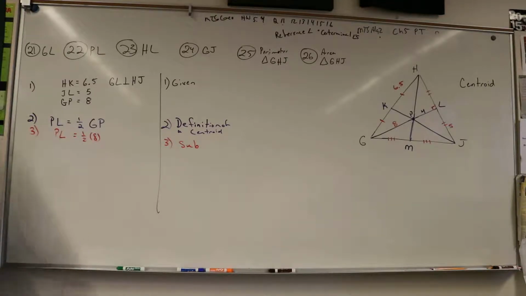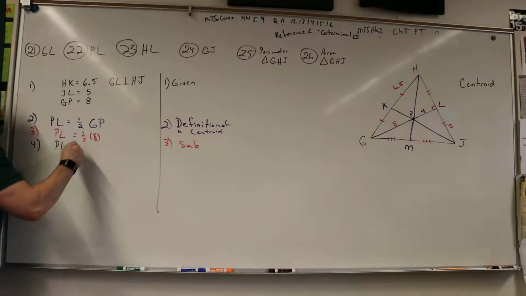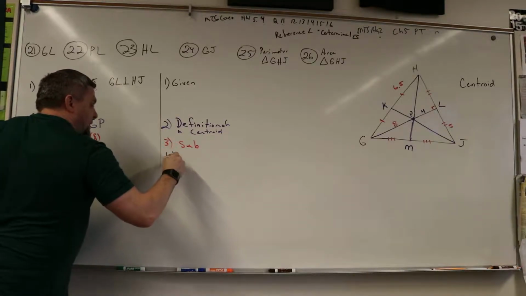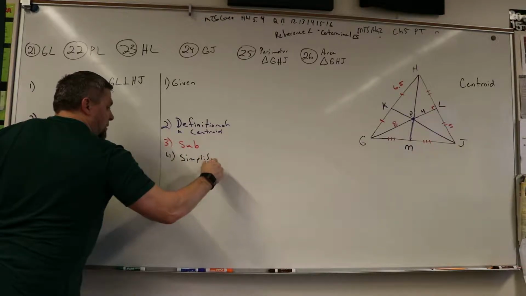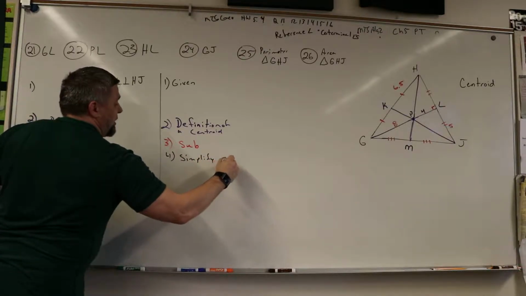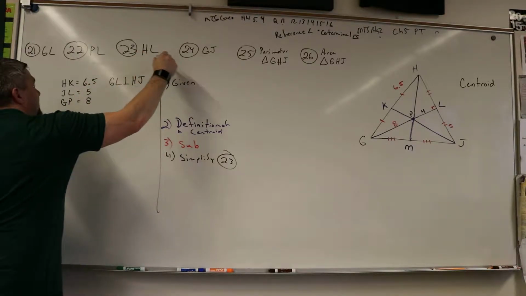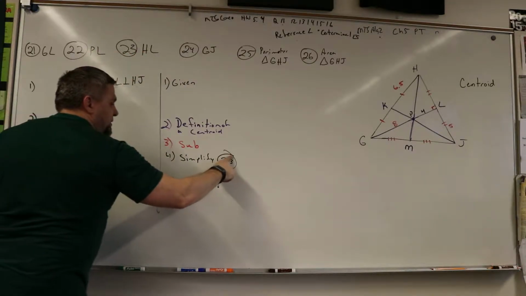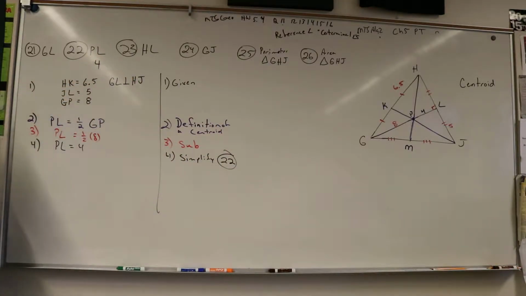Simplify. So PL would be equal to 4, and that is simplify. Okay, and this is problem number 22. So PL is 4, so that's our answer for 22.